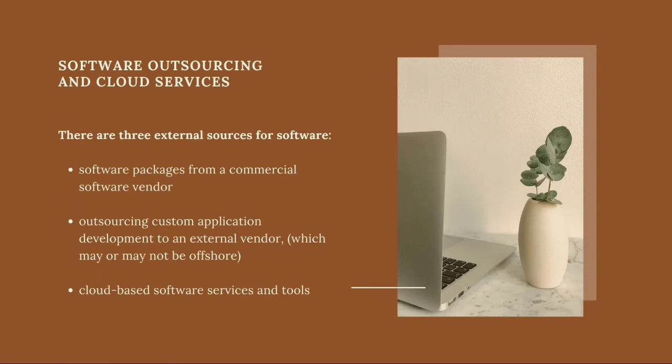Software outsourcing and cloud services. Today, many business firms continue to operate legacy systems that continue to meet a business need and that would be extremely costly to replace. There are three external sources for software: software packages from a commercial software vendor, outsourcing custom application development to an external vendor, which may or may not be offshore, and cloud-based software services and tools.